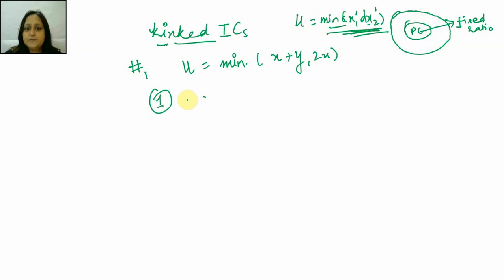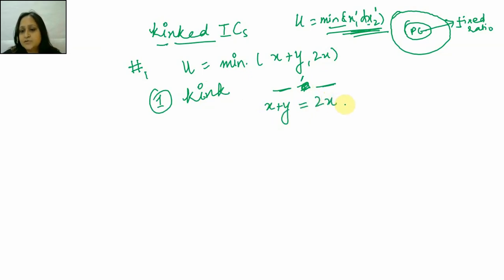Okay? So now u is equal to minimum of x plus y comma 2x. Step 1. You find out the kink. Kink के लिए जो comma का left side है और right side है उसको आप equate करेंगे. So you will say x plus y is equal to 2x, which implies x is equal to y.